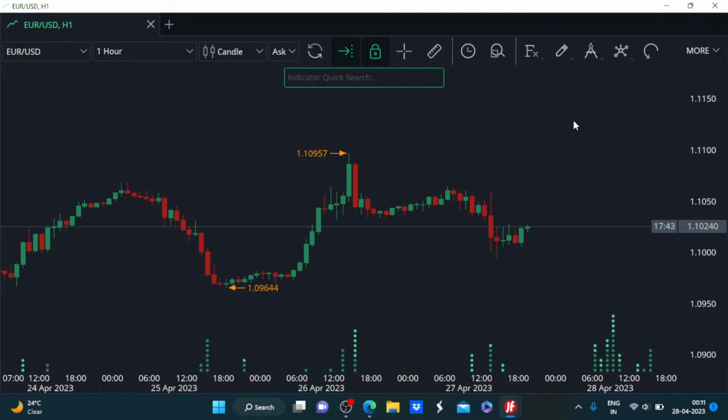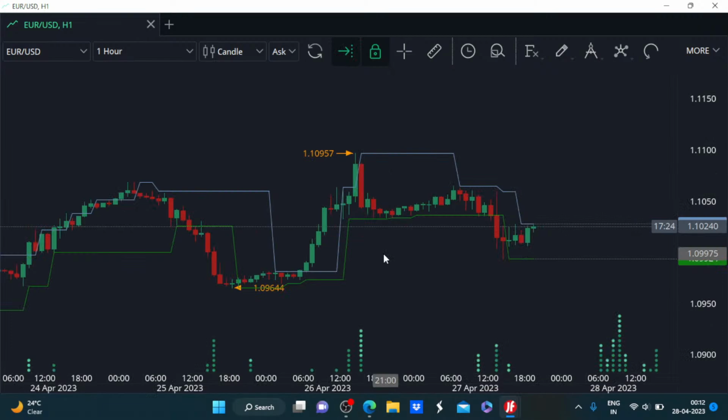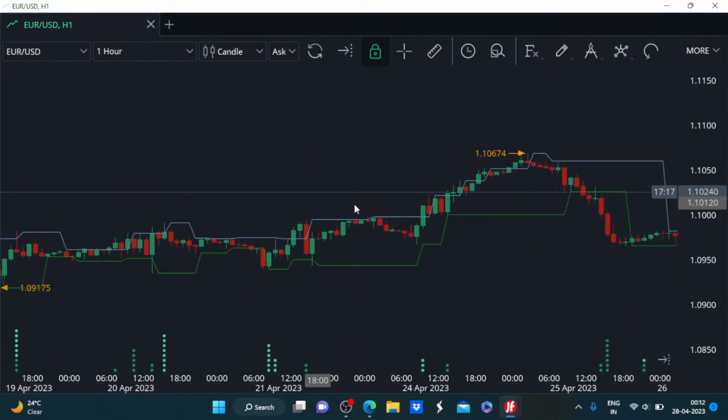Now if we look at the charting of this indicator, you will see that it gives us a price band. Sometimes the price is within the band, sometimes it is out of the band, either on the higher side or on the lower side. So you get three kinds of situations here.